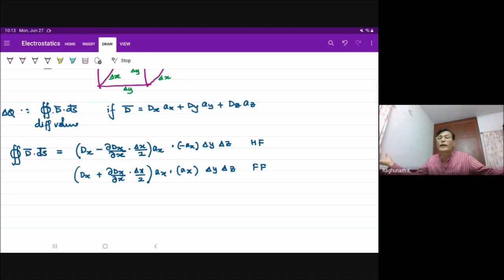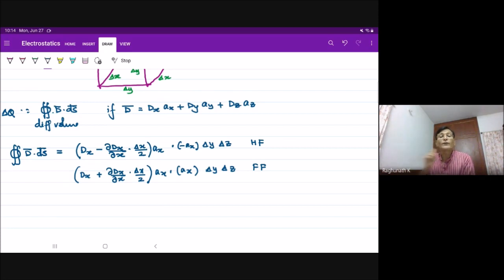Y and z components are not required because I am looking at only x equal to constant faces. Only the x component is important. And I am talking about this at a point, the point at the center of this differential volume, where the x component of the flux density is Dx. If I move by delta x by 2 back or front, I have to use this truncated expansion of the function, the Taylor series expansion.